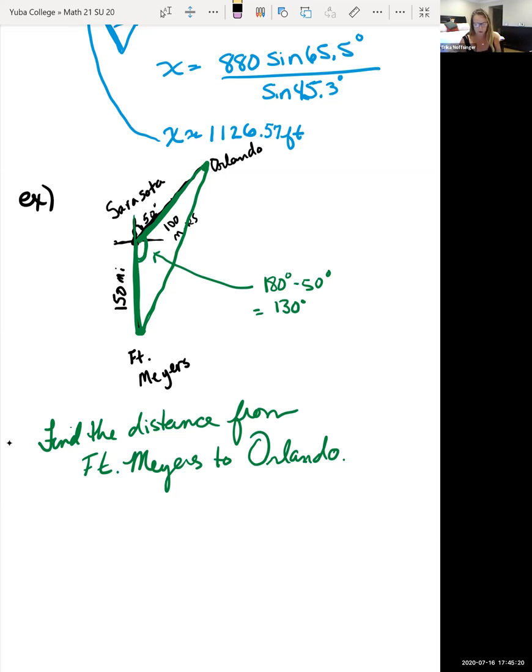So we don't have a right triangle. We have an angle and we have the sides that sandwich the angle given. And so this is where we're going to use law of cosines.